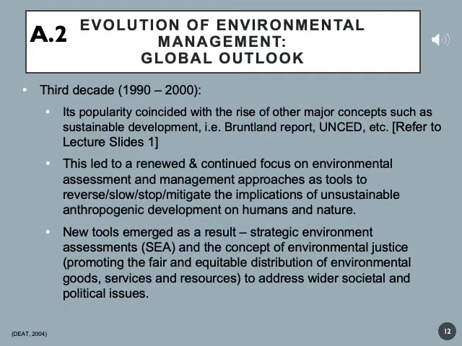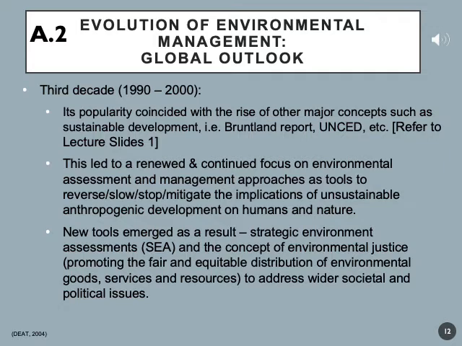During the 1990s, the popularity of EIA in environmental management coincided with the rise of other major concepts and events, such as sustainable development, as we have covered in lectures before. This then led to a renewed and continued focus on environmental assessment and management approaches as tools to reverse, slow, stop, or mitigate the implications of unsustainable development on humans and nature.